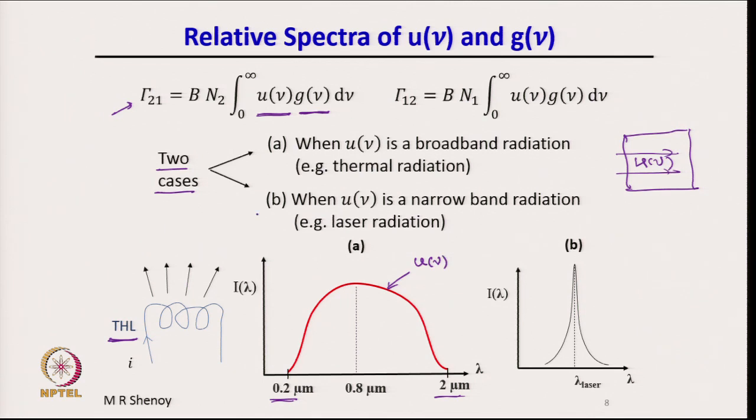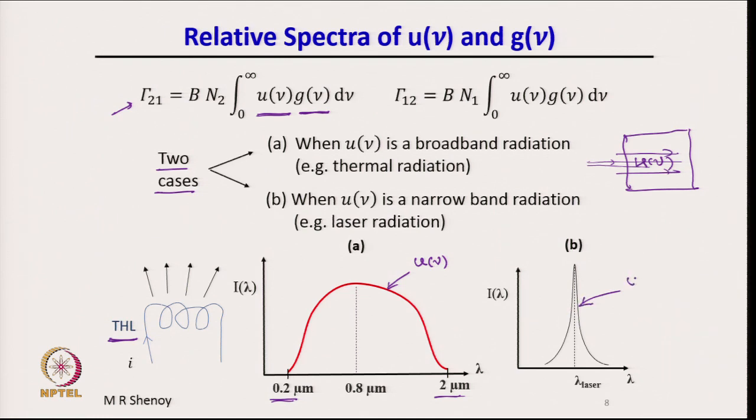In the second case, u nu is a narrow band radiation, for example, if laser radiation were to propagate in this medium. If you were to put laser radiation passing through this, then as we know, laser is highly monochromatic, and if you see the spectrum, it will be very narrow.